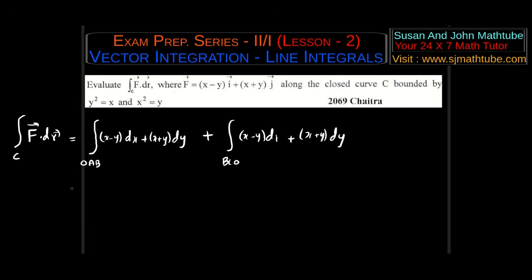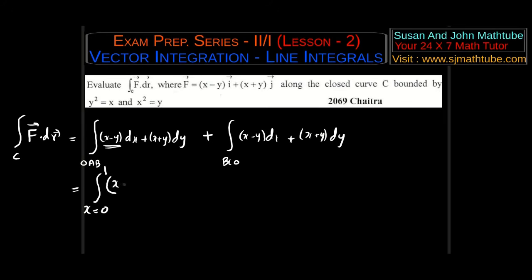Now I told you the logic for such integration in lesson number 1. You can convert everything with dx into x and the quantities with dy into y, or you can do vice versa. It's completely up to you. I'm going to write x is equal to 0 to 1. And that means I'm going to convert everything into x.